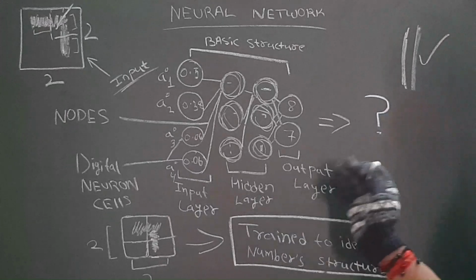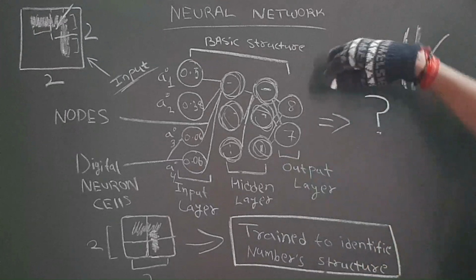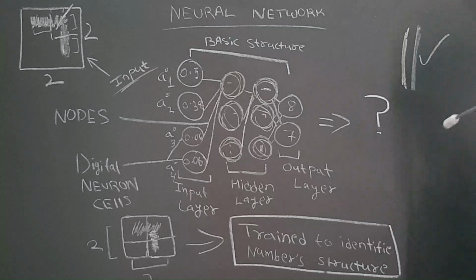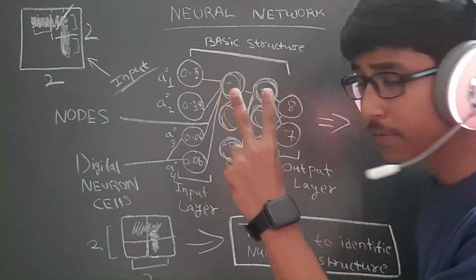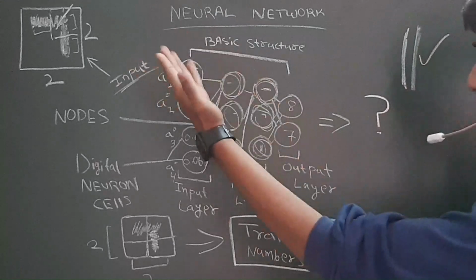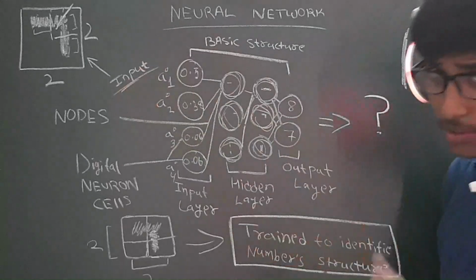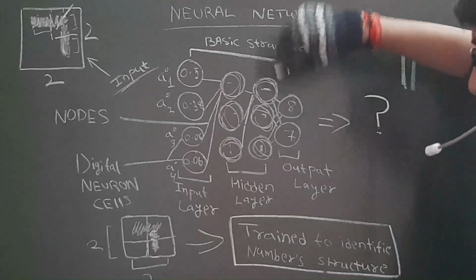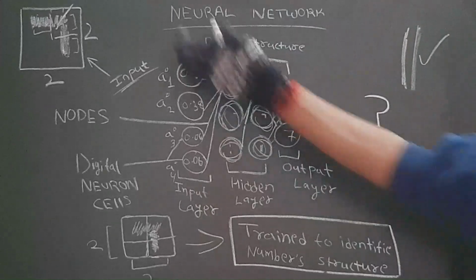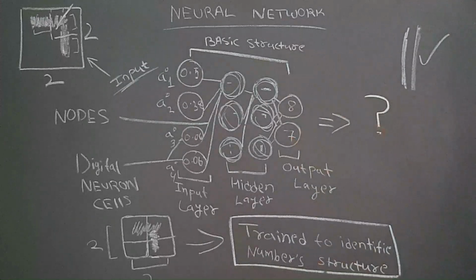Now our data will accelerate from right to left, but not further, because for 8 and 7, there are only two outputs given that identify what the input was, 8 or 7. So now the neural network will understand the structures and match the structures with the identified input data.